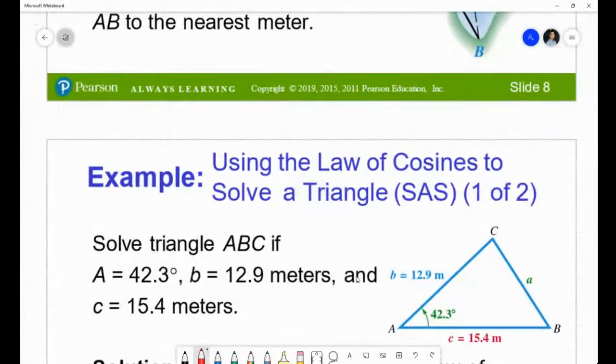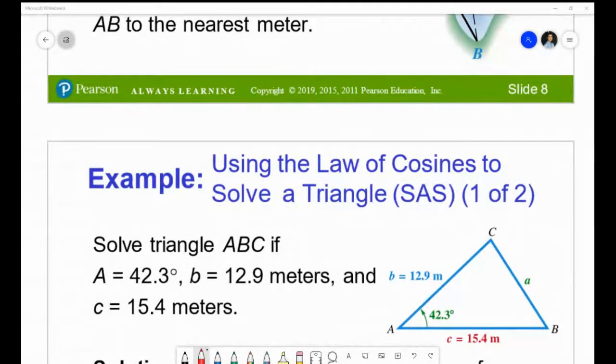Okay, try this one here. Same thing, type in the chat when you're done.